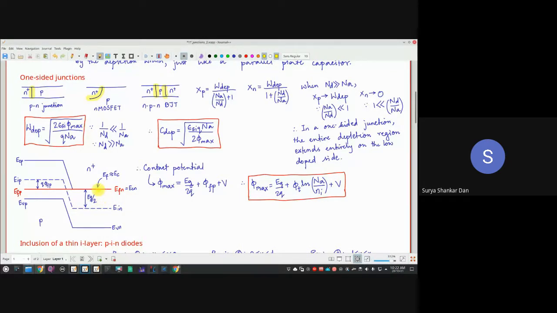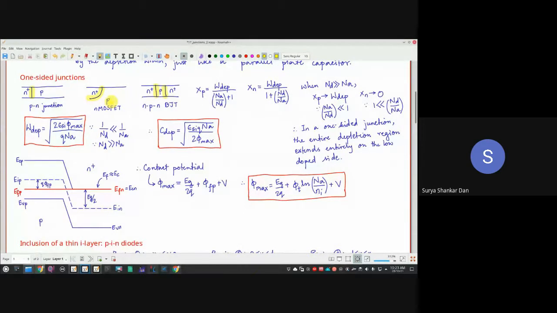So what I'm suggesting is that in a one-sided junction, we will be having one of these two doped regions, either N or P type, and one of them will be very heavily doped. Okay? So it is heavily doped, as in the case of a PN junction, or in the case of a MOSFET. What is there in a MOSFET? The source and the channel region, right? The channel region is part of the substrate actually.